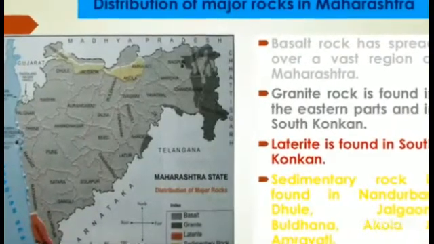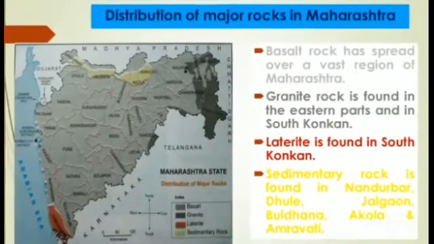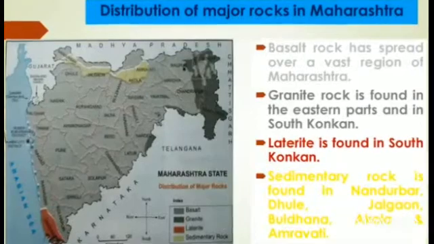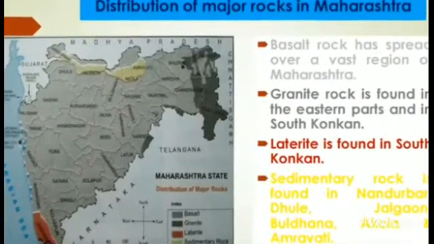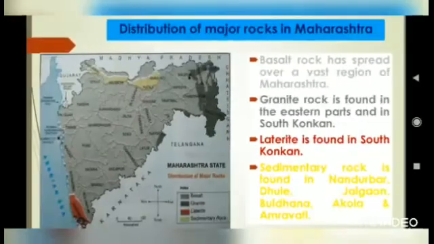If you observe the map, the index is given. Basalt is the gray color, granite is still darker, laterite is brown, and sedimentary is yellow.